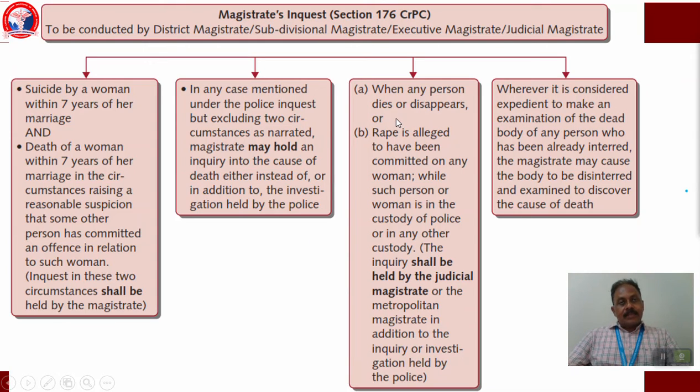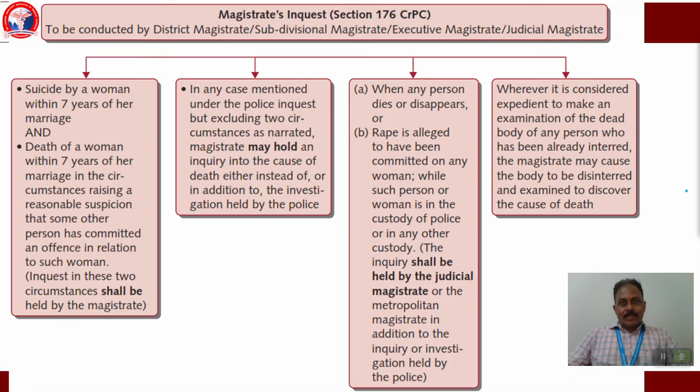When a person dies or disappears from the custody of the police. Custody means what? A suspect is there. Suppose the police apprehends the suspect in a mall. There is custody, there is apprehension, and the person disappears.